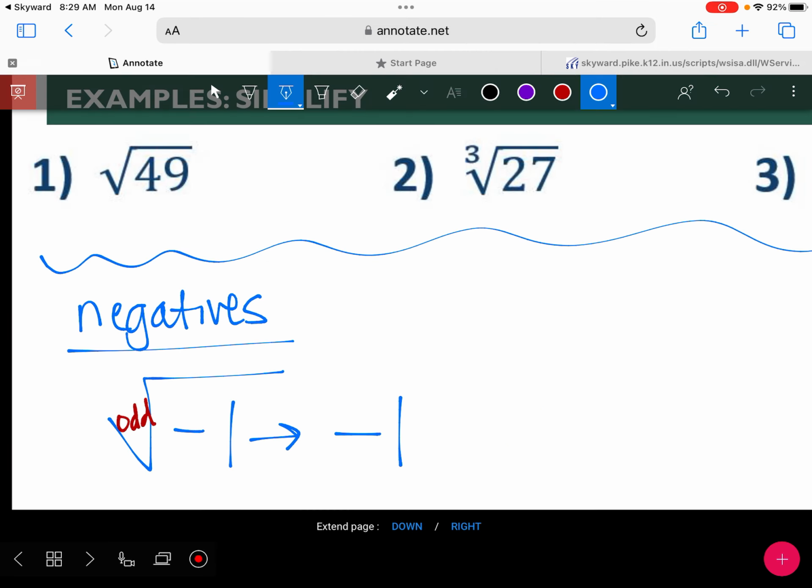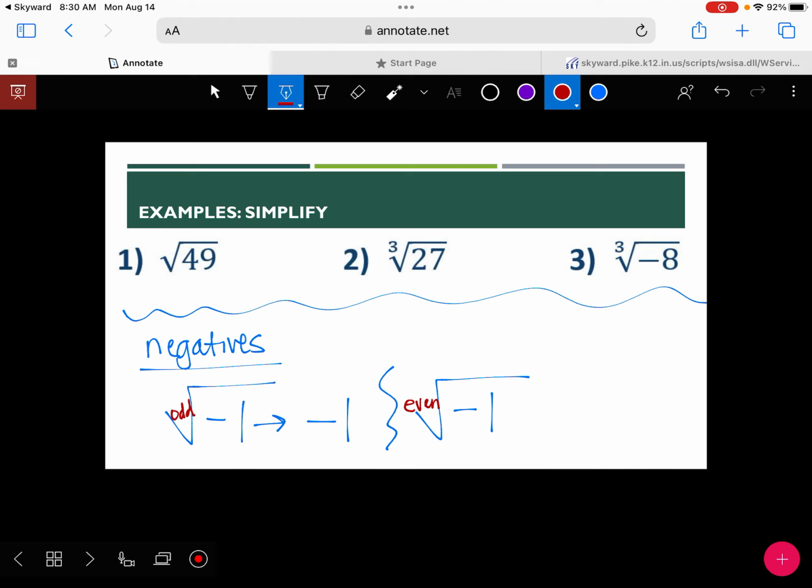But if it's even, so if it's an even number, such as 2 or 4 or 6, then we're just going to leave it. We're not going to simplify it. So that is just going to stay, whatever that index is, and we're not going to simplify it.